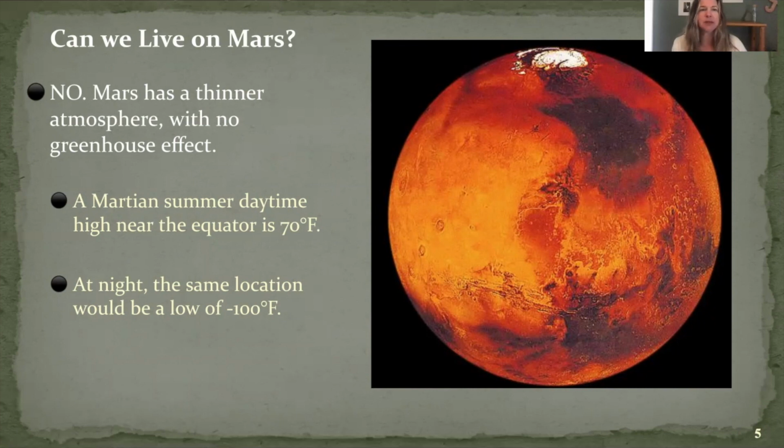A Martian summer daytime could be close to 70 degrees Fahrenheit. That sounds lovely. However, at nighttime, all the heat goes back out into the universe, and it would be below negative 100 degrees Fahrenheit. Cold.